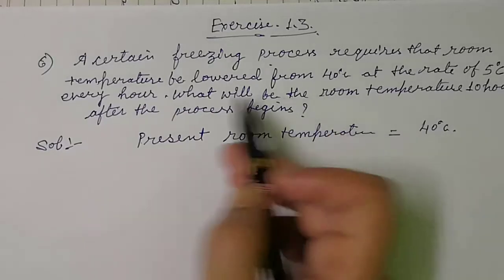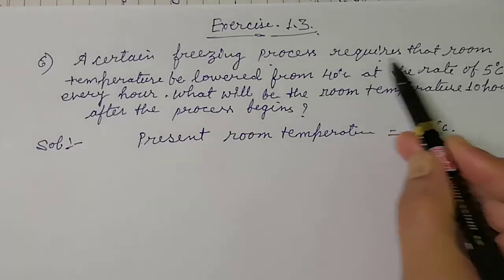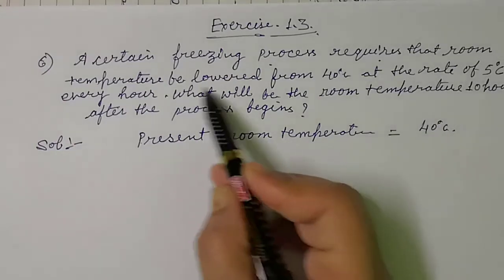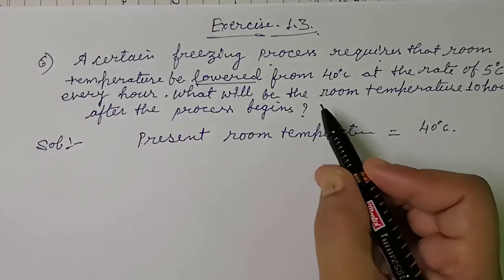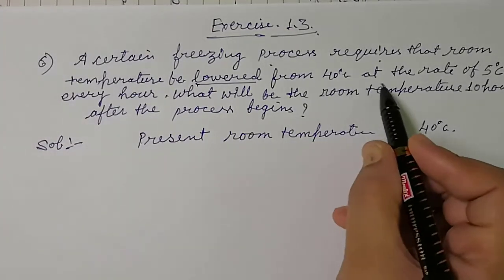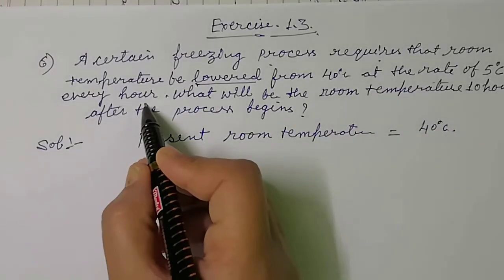Okay, then the rate is given. It requires that room temperature be lowered. Be lowered means decreasing. So it is decreasing from 40 degrees Celsius at the rate of 5 degrees Celsius every hour.